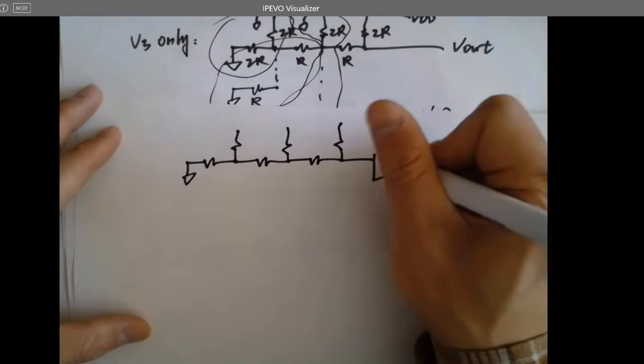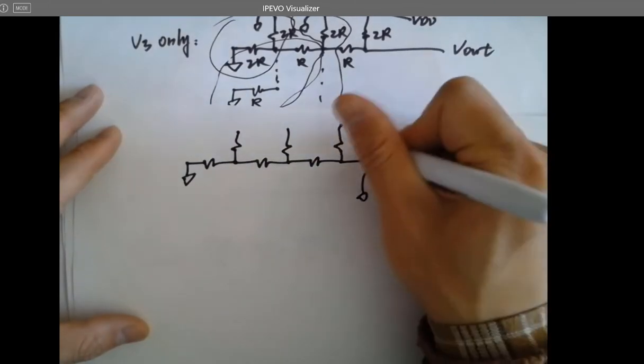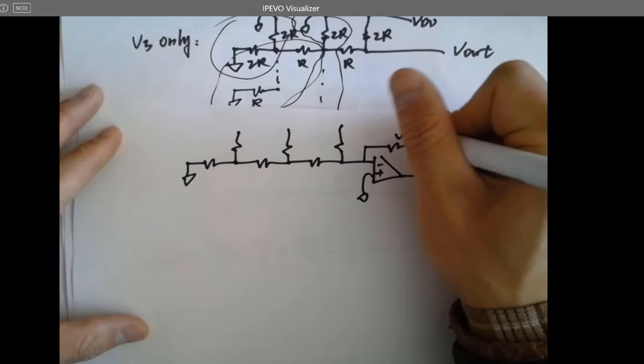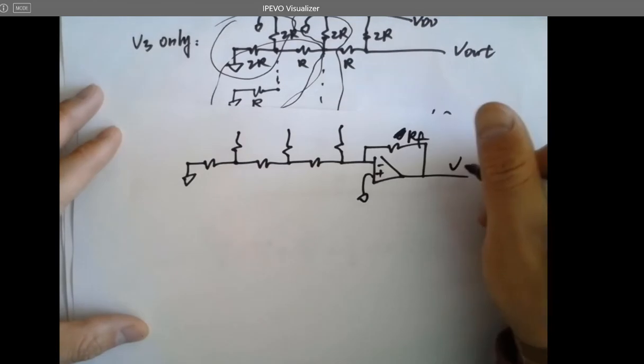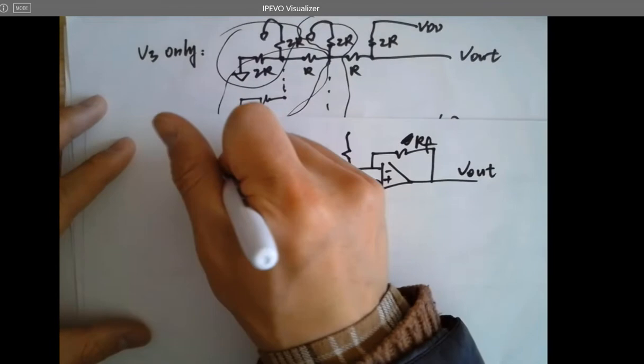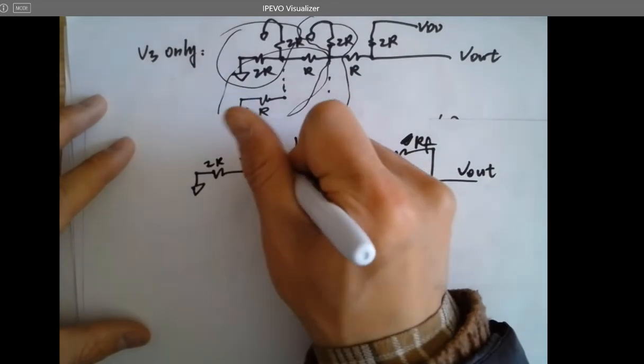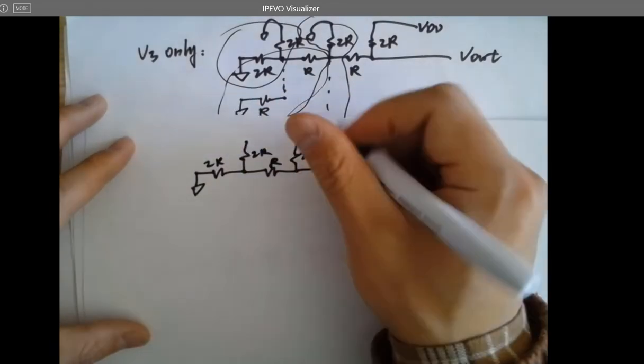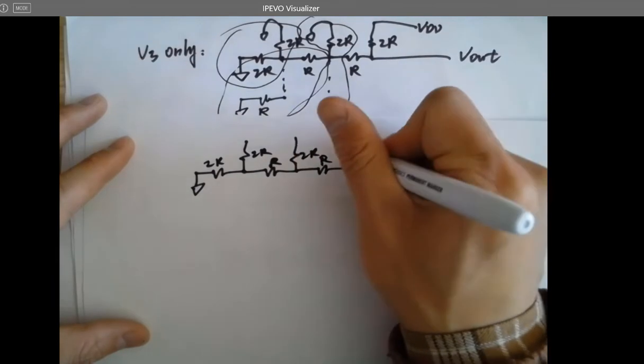I want to use minus, plus, grounded. RF. Here is V out. 2R, 2R, R, 2R, R, 2R.